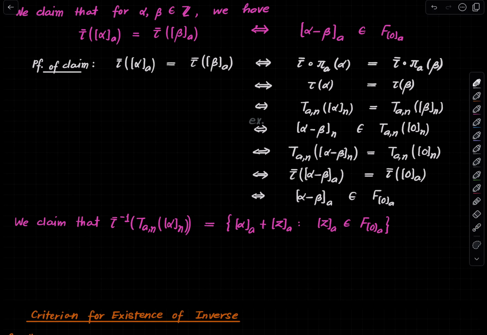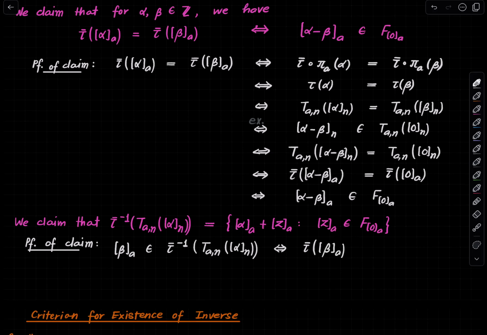Well, proof of second claim. Beta modulo A lies in this fiber above the trajectory of alpha if and only if, by definition, let me modify this. So this is same as saying that beta modulo A is here.